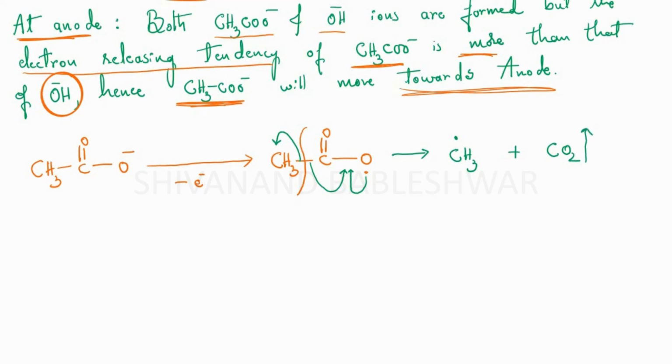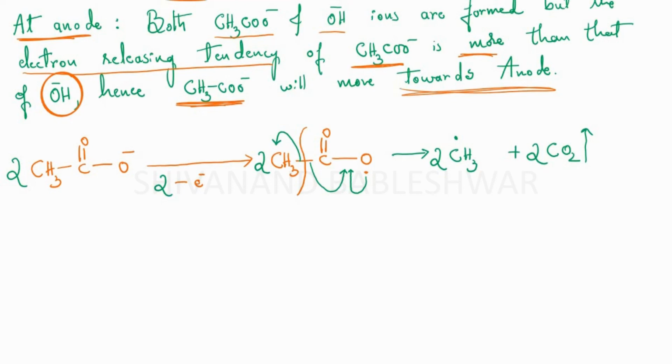Now the question arises how this methyl group is converted into a hydrocarbon. If I take two molecules of acetate anion, there will be a loss of 2 electrons, and it leads to the formation of two molecules of acetate free radical, and then 2 moles of methyl free radical and 2 molecules of carbon dioxide.